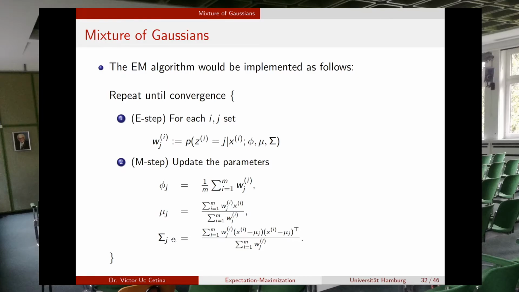So if we are talking about 3 clusters, we need 3 Gaussian functions, and therefore we will need 3 mean vectors and 3 covariance matrices. And here are just the formulas to compute them, which are exactly the same that you used in Gaussian discriminant analysis.